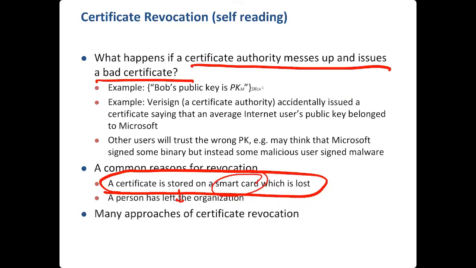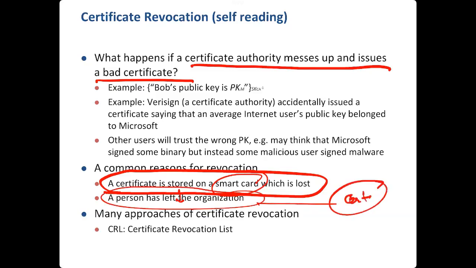There could be many other reasons, for example, Alice has been issued a certificate of her public key by some CA and Alice leaves that company. Then that certificate has to be revoked. Or somebody has been given a certificate and the person dies, then the certificate has to be revoked so that nobody else can use it. One technique for that is called CRL, certificate revocation list.